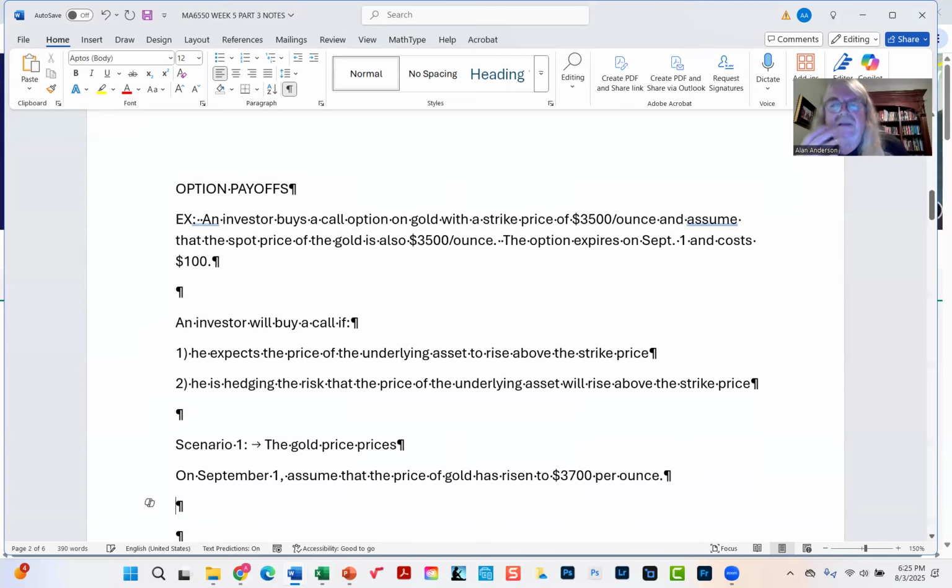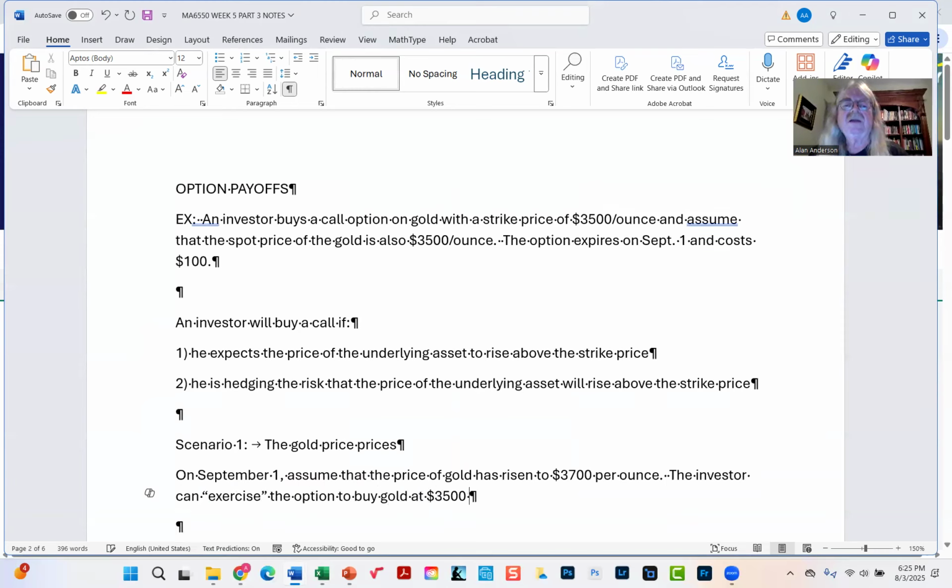But now the investor who bought this option is quite happy because look at what they have the right to do. The investor can exercise the option, as it's called, to buy gold at 3,500 per ounce, and then immediately resell it in the market for 3,700.